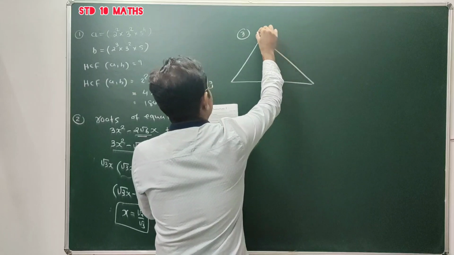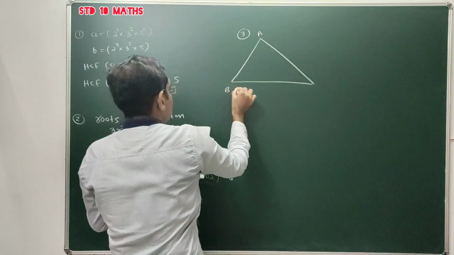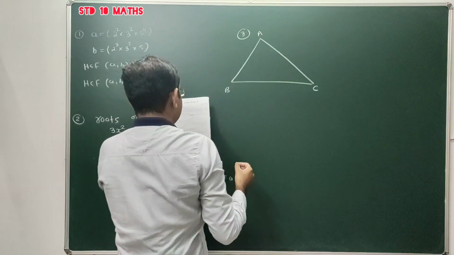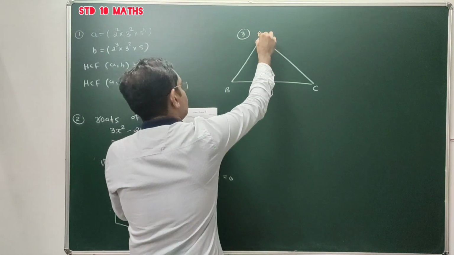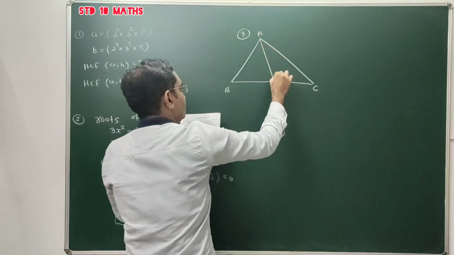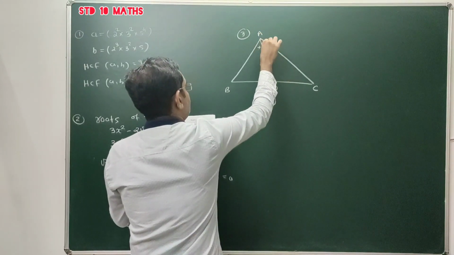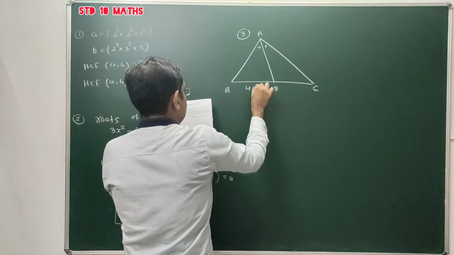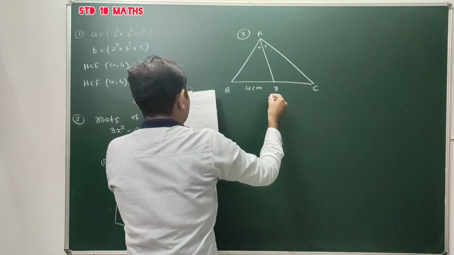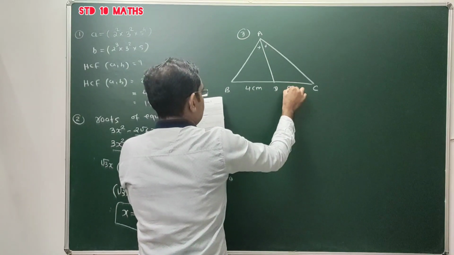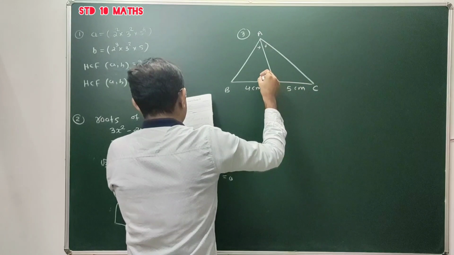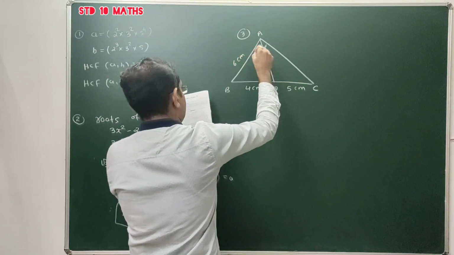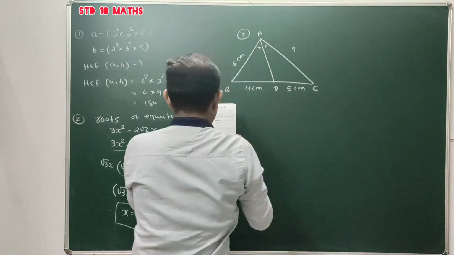In this triangle ABC, it is given that AD is the internal bisector of angle A. That means AD is the bisector of this angle A. If BD equal to 4 cm, the length of this DC is 5 cm, and AB is 6 cm. Find the length of AC.